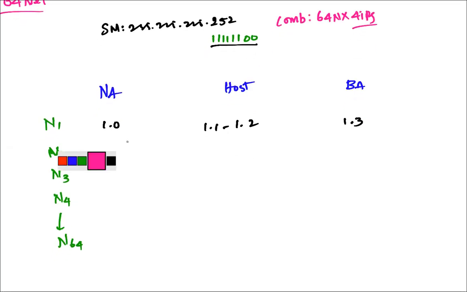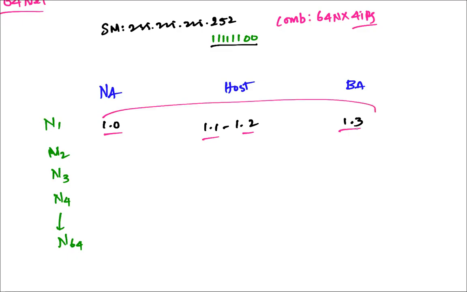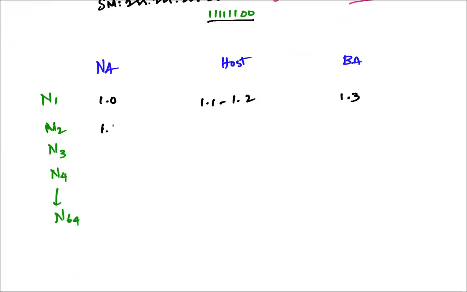Just see, it is 1.0, 1.1, 1.2, 1.3. So these are the 4 IPs. Now, network number 2: 1.4, 1.5 to 1.6, 1.7. That's it. Again, 4 IPs.